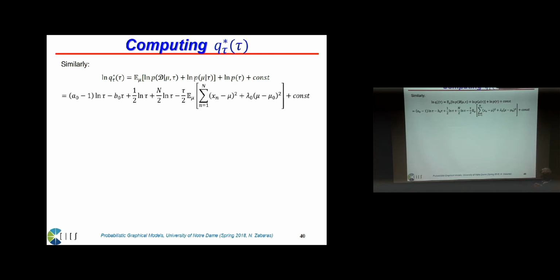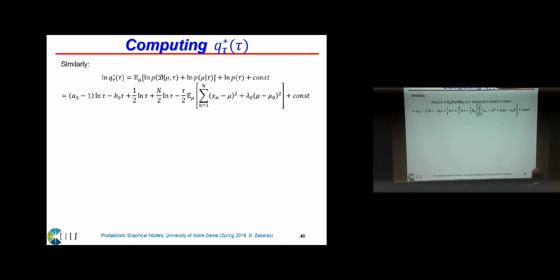And where are those two terms coming from? Remember when we played with this distribution before, we only kept the terms that involve mu. Here we have to keep all the terms that involve tau.